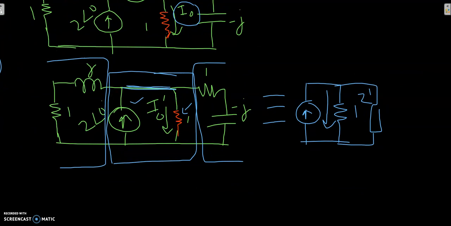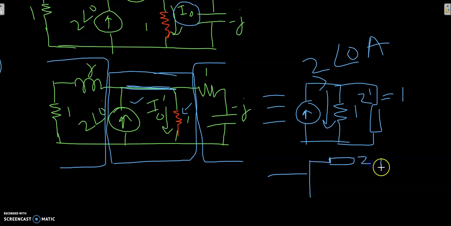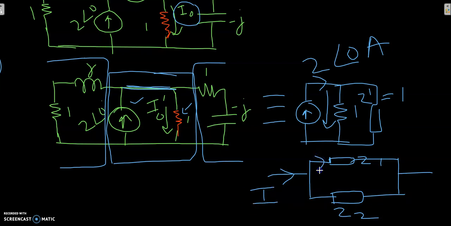So you could see here, if Z dash is equal to 1, then the current that is flowing from here, which is basically 2 angle 0 ampere current, gets divided in two parts, and we know by the current division rule that if I've got two impedances connected in parallel and there is current I flowing here, then I can find the currents I1 and I2.